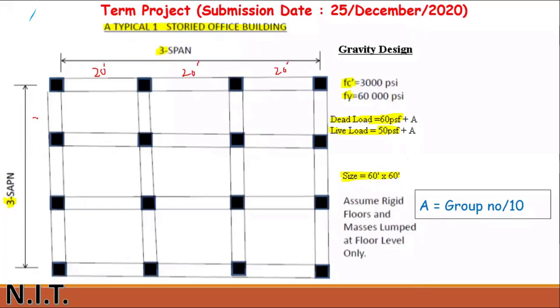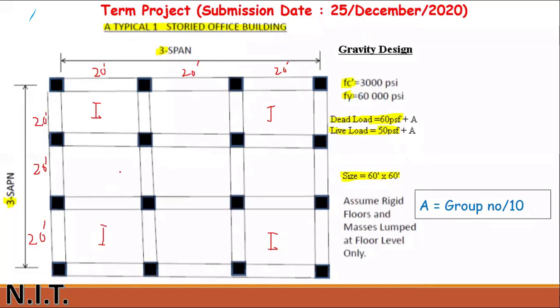Similarly in this direction, 20 feet, 20 feet and 20 feet. Clear? This is panel 1, this will also be considered as panel 1, this is also panel 1, and this is also panel 1.